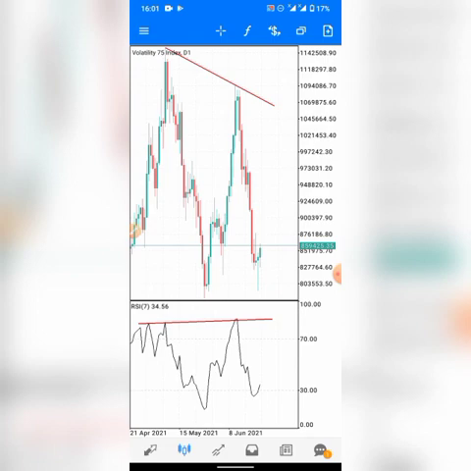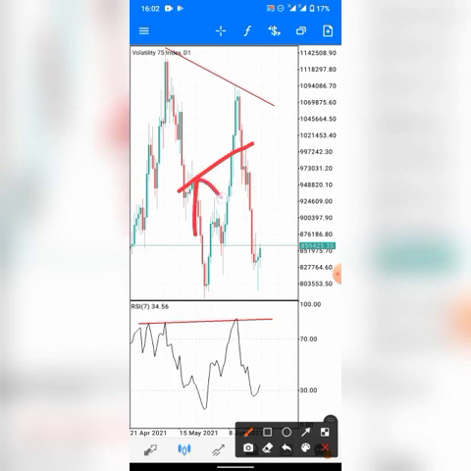So what we can also use to confirm divergence is candlestick pattern formation. Let's say price moved like this, and around this side an engulfing was formed. It will confirm that price and indicator are moving opposite.